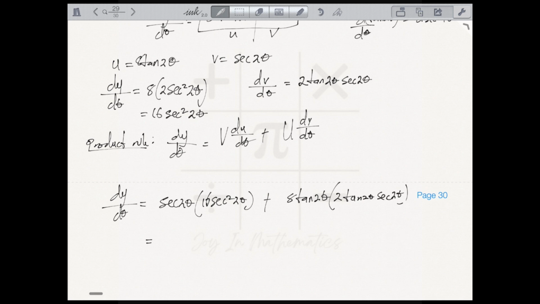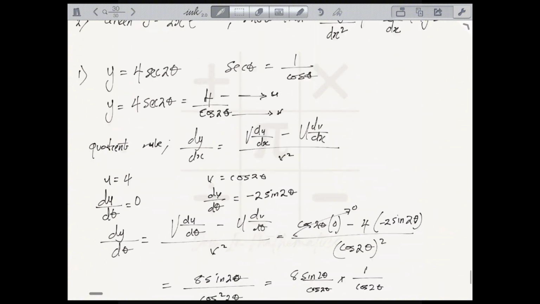Now, if you open the bracket, we have 16 sec cubed 2 theta plus 16 tan squared 2 theta sec 2 theta, and this is d squared y d theta squared.